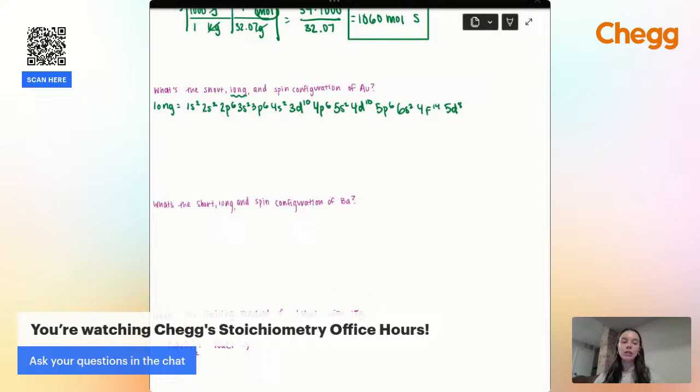But now that we have that long electron configuration down, I'm going to give y'all 1 minute to figure out the short electron configuration of gold. Should be a whole lot easier, whole lot less writing. So you have 1 minute. Let me know the short electron configuration of gold, which is represented by Au. Bonus points if you can solve it before I start solving it.